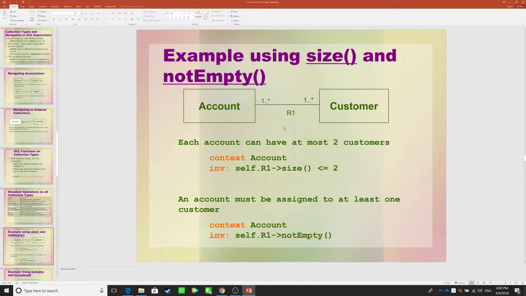But with OCL, we just need to specify that the context is the account, which means self. Self refers to the account. So self.r1, what is self.r1? What does that return?